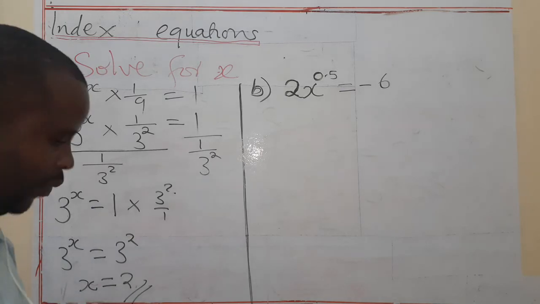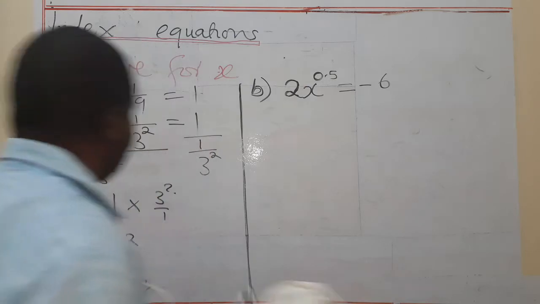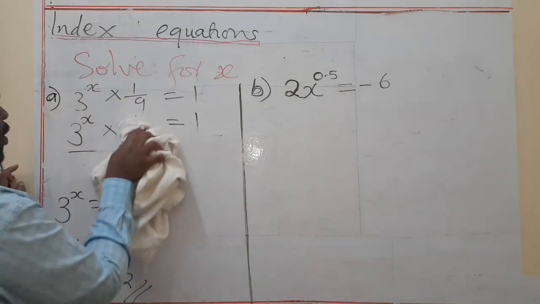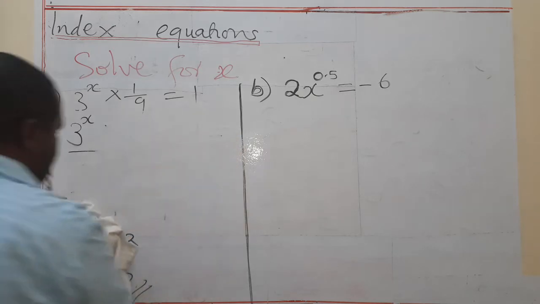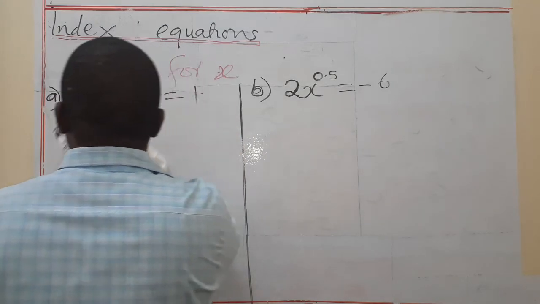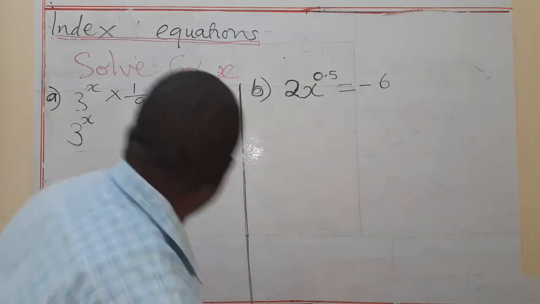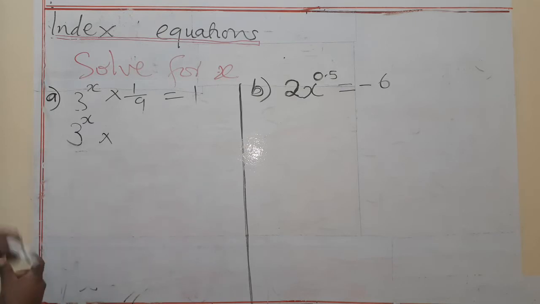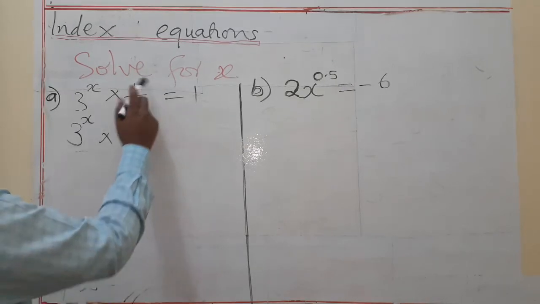Alternatively, since we already have our base as 3, we might think of introducing a 3 here.